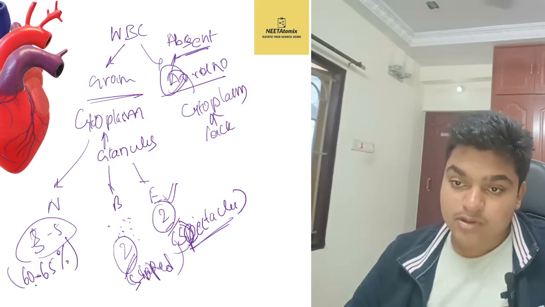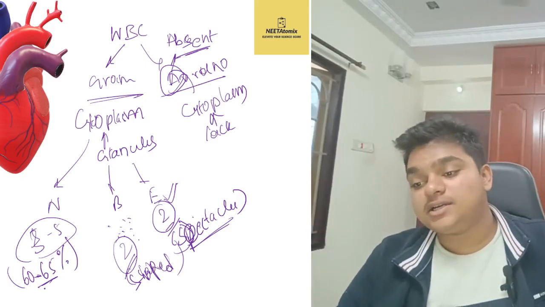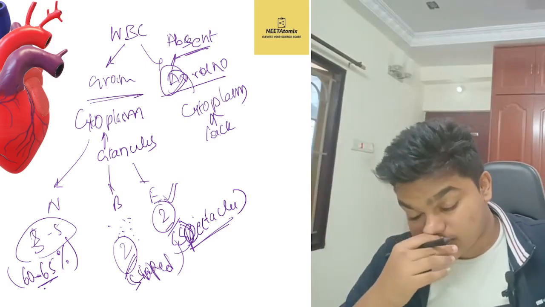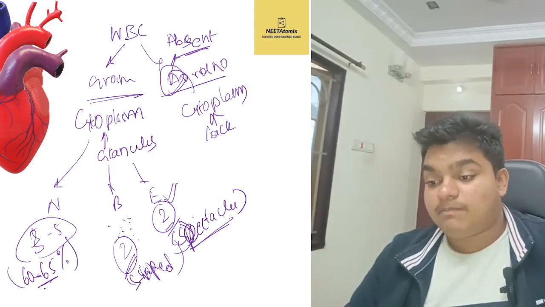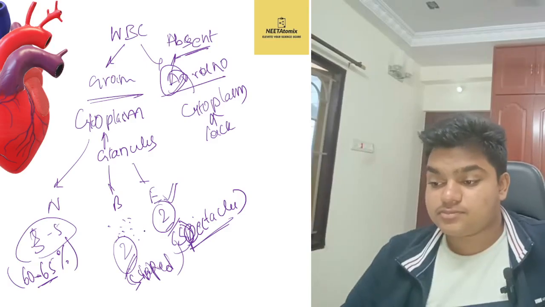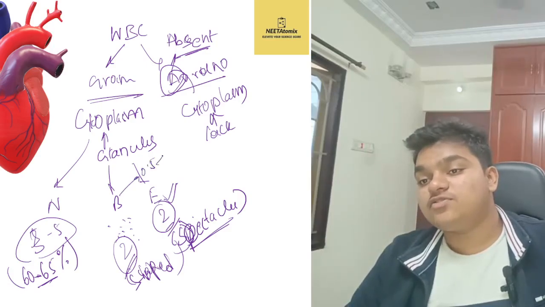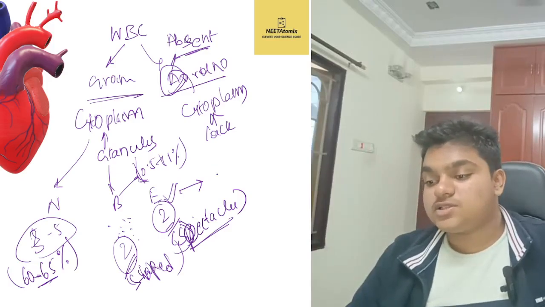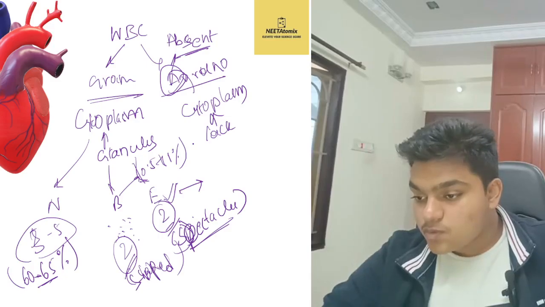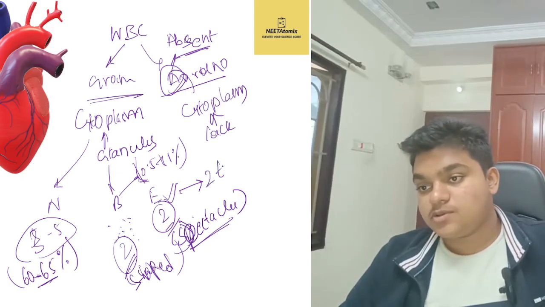They are 60 to 65 percent, the most abundantly present WBCs. Next, basophils are usually 0.5 to 1%, and eosinophils are 2 to 3%.